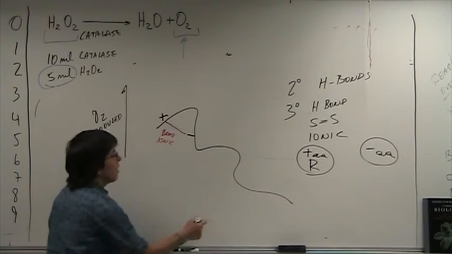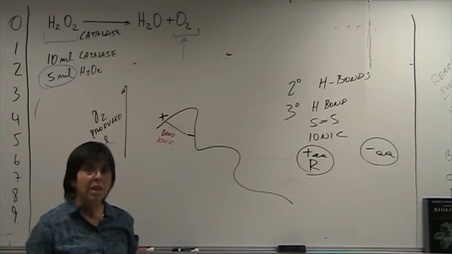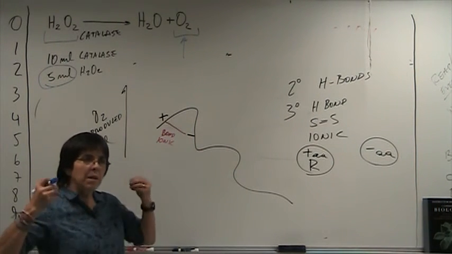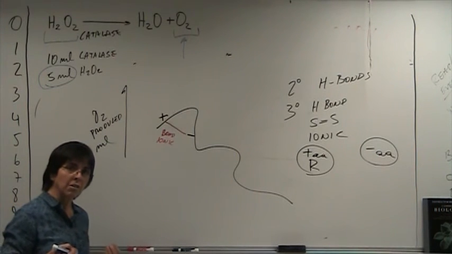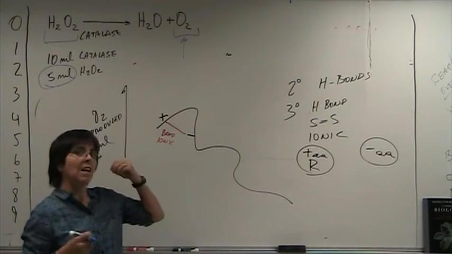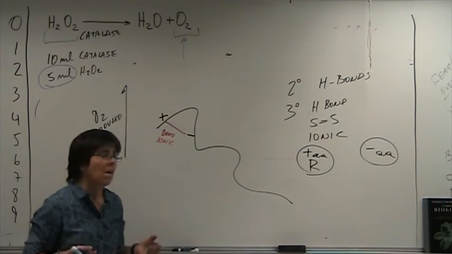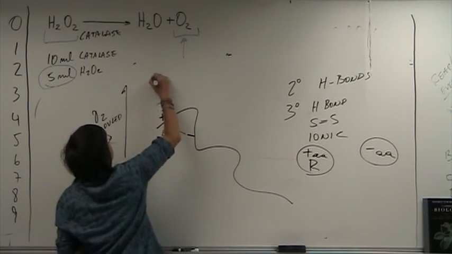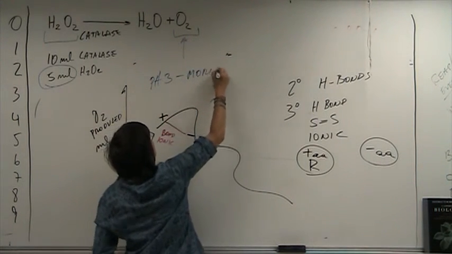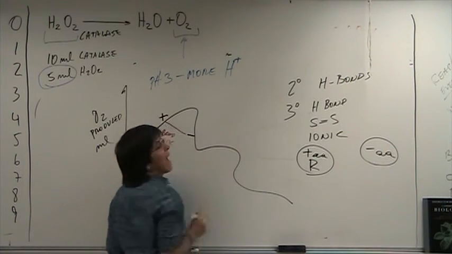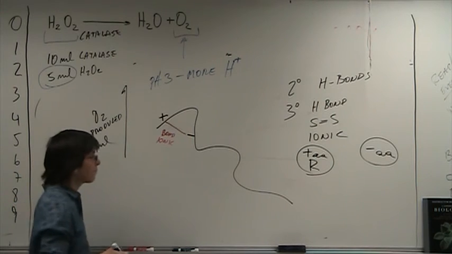So what happens when you change the pH? Let's say, think of pH 3. pH 3 means 10 to the minus 3 molar concentration of hydrogen ions versus 10 to the minus 7 at pH 7. So obviously, at pH 3, you are going to have more hydrogen ions present in the solution. You are changing that.